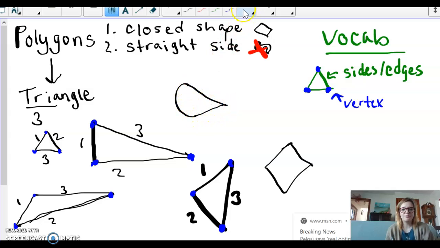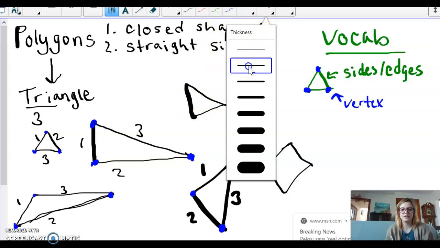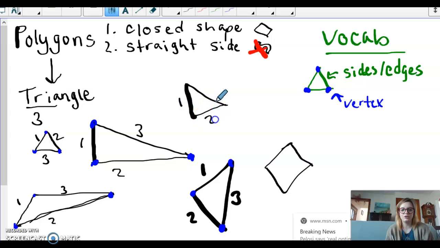Which is why in polygons we need to make sure that we take out that curve and make it a straight line. Now we have 1, 2, 3, and again it all counts as a triangle. 1, 2, 3 sides, 1, 2, 3 points where our lines meet, and that would be a vertex.